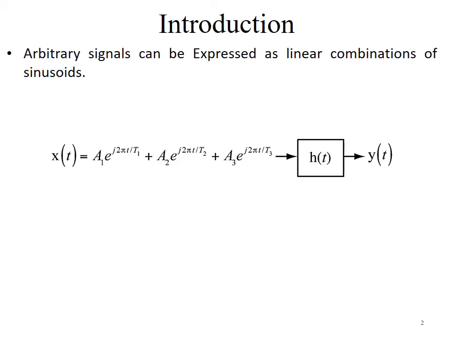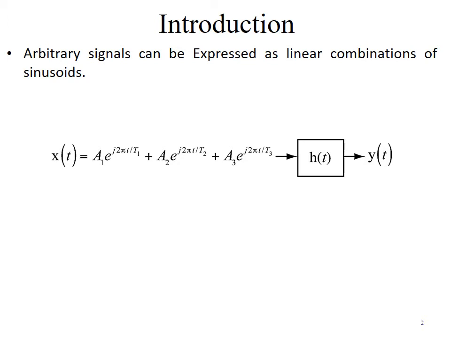So in the last lecture we discussed the response of linear and time invariant systems when the input was a complex exponential or complex sinusoid. From that lecture we have some idea that signals can be expressed as a linear combination of sinusoids, right?